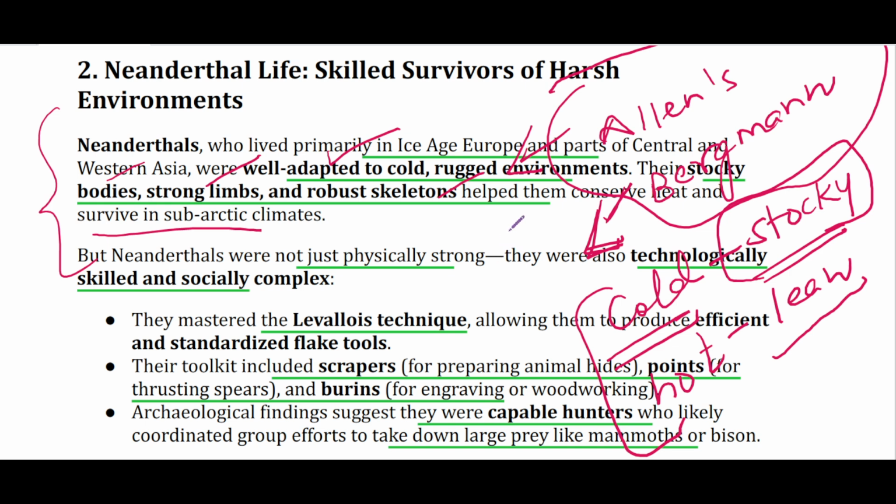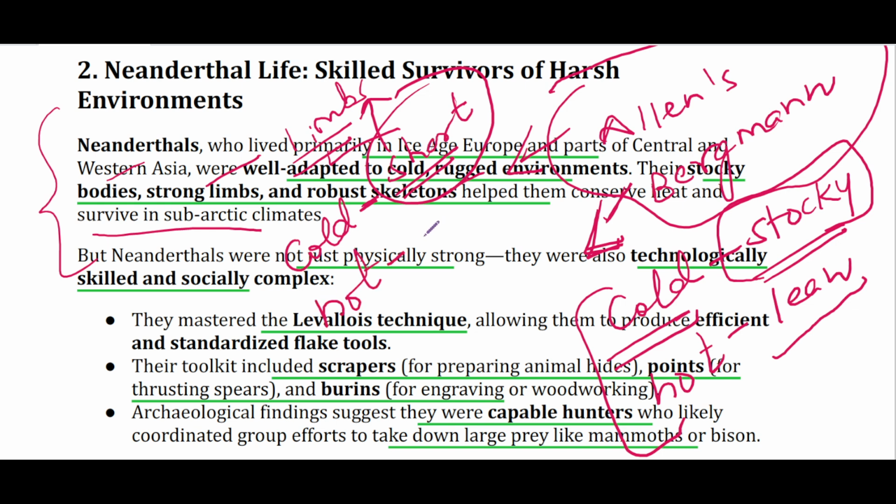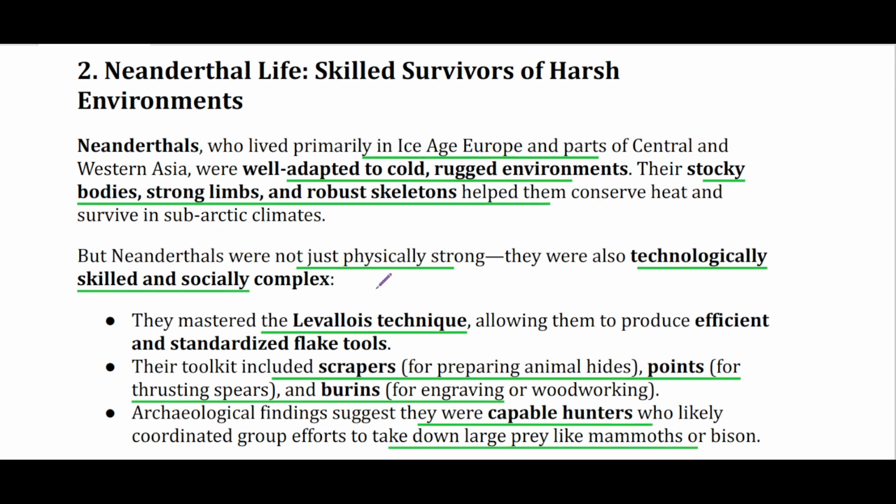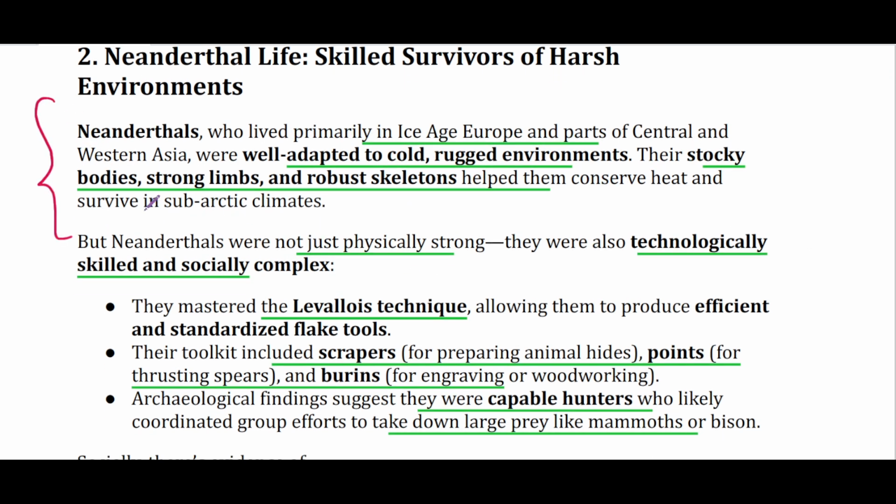Now, Allen's rule says the organisms in cold environments will have short limbs so as to minimize heat loss, especially through extremities, appendages, limbs, हाथ पैर जो है वो छोटे होने चाहिए. And those in hot environments will have longer appendages, longer limbs, so as to exchange heat efficiently. So in that line, the physical bodies of Neanderthals were in line with both the rules.